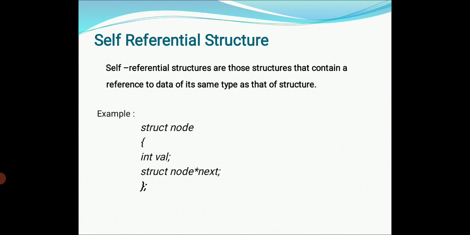Value is declared by using the data type int. The other one is next, which is a pointer variable. This data member is declared by using the same structure, that is struct node, so it is called a self-referential structure. This is one concept of the structure.